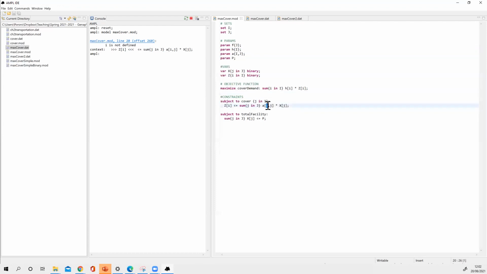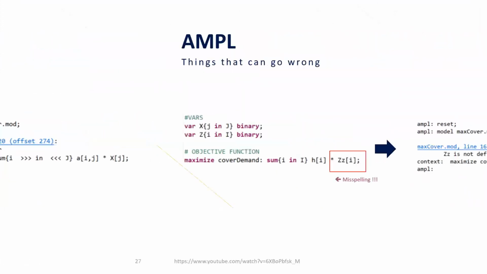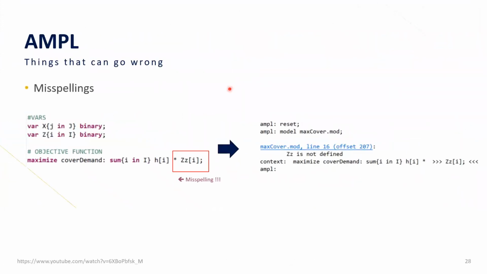You use I here, but you didn't define I previously. So now, based on your knowledge, you need to know which one should be I. In our case, it's here, for all I, right? That's another type of error that's often met by students.